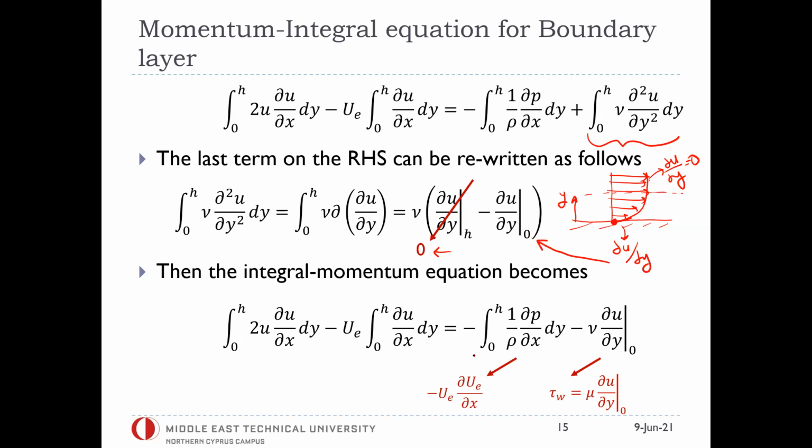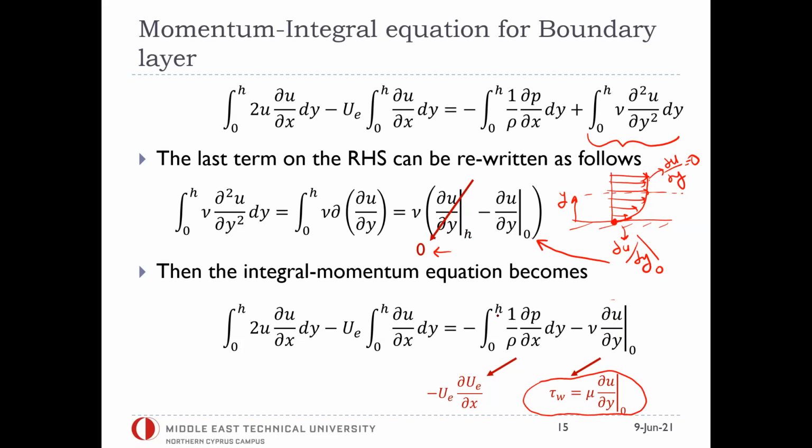We know one fact: this velocity gradient at the wall at 0, when multiplied by viscosity, is equal to the wall shear stress, which is written here. We call it tau wall. So the du/dy at 0 is related to the wall shear stress.